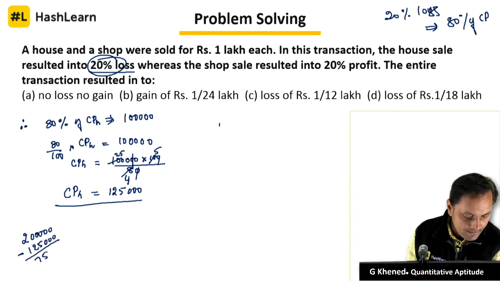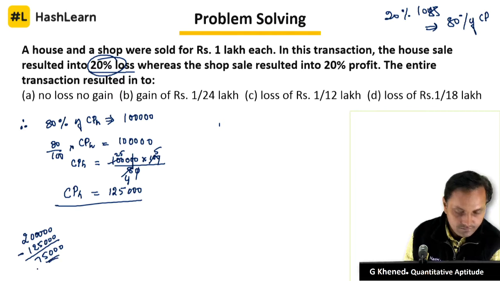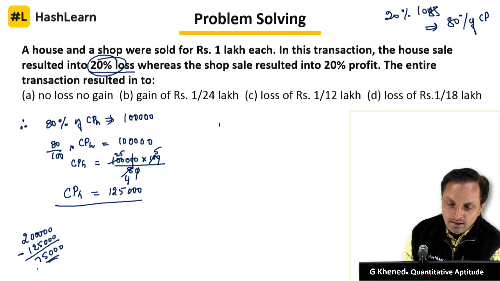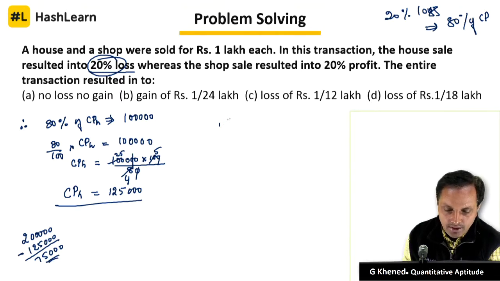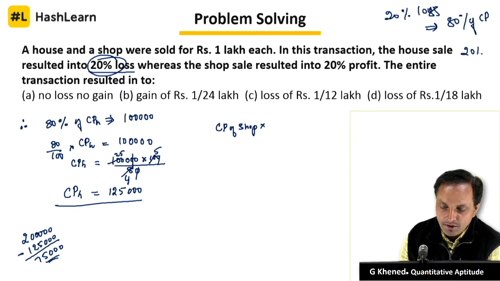That will give you 75,000. So the cost price of the shop resulted in 20% profit, in the sense, 20% profit I will take as 1.2, is equal to 75,000.